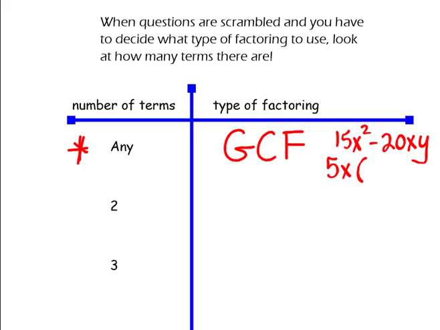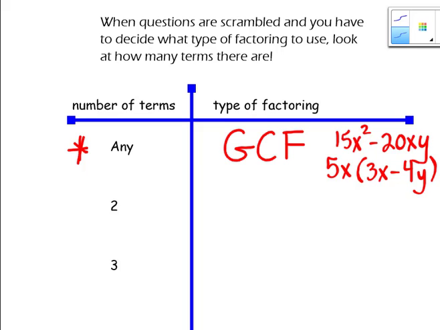Factoring means divide. 15 divided by 5 is 3. X squared divided by x. Negative 20 divided by 5 gives me a negative 4. X divided by x is 1, and y is remaining. So that was 2 terms, but greatest common factor should always be the first type of factoring you look for. Sometimes you can do greatest common factoring and then another type of factoring.